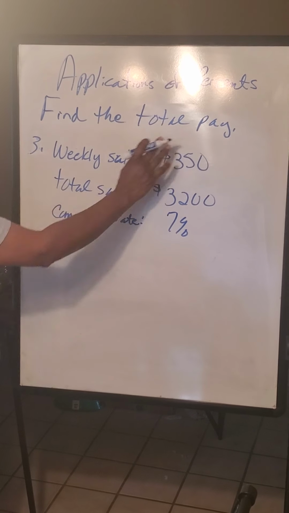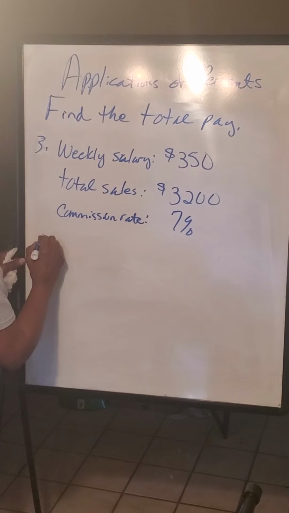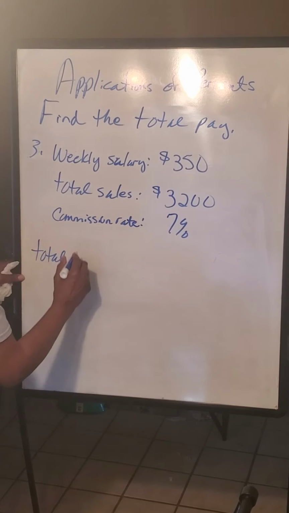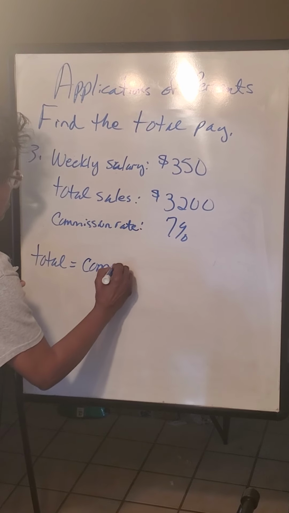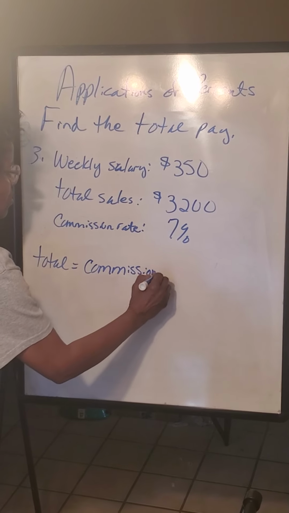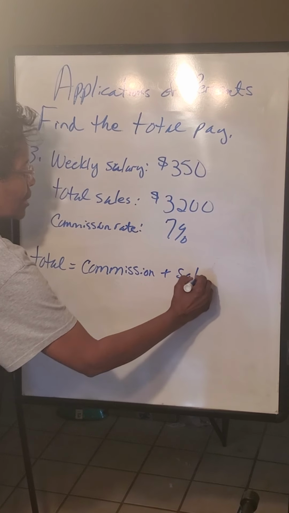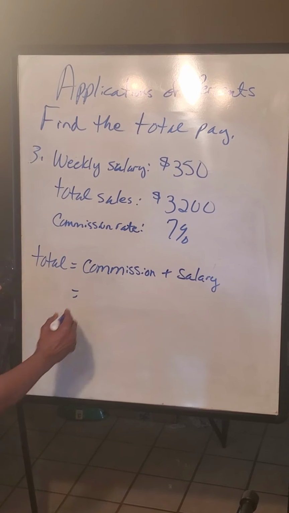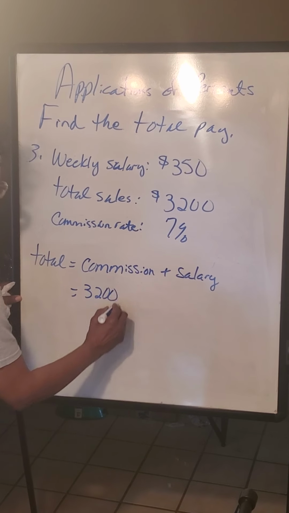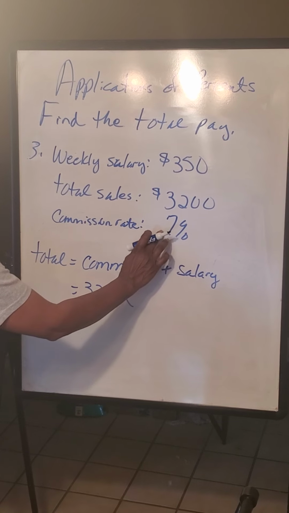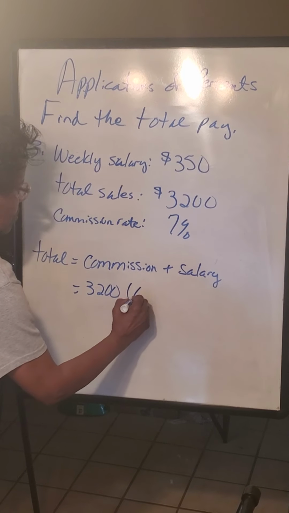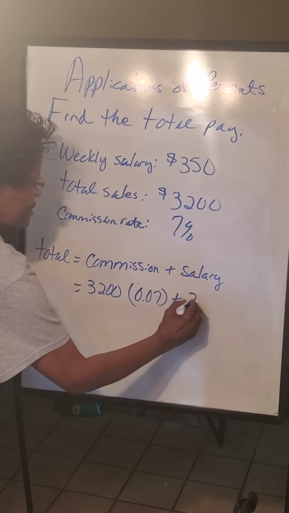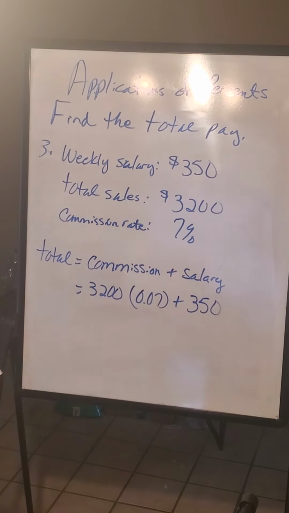So in order to get that person's total pay, we're going to do the commission plus their salary. So to get the commission, we're going to take the $3,200, multiply it by that commission rate as a decimal, and then we're going to add to it that salary of $350.